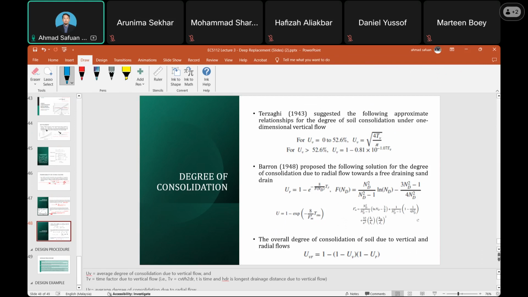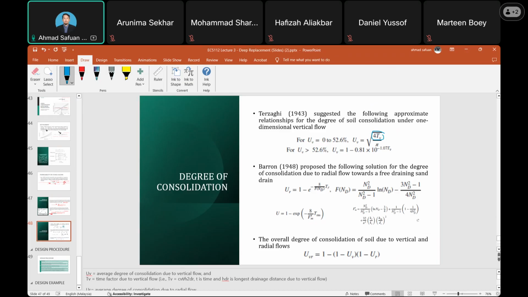So then this is the typical equation for the UV. So we may use this equation when we deal with the UV to get the TV. It depends on the TV value.